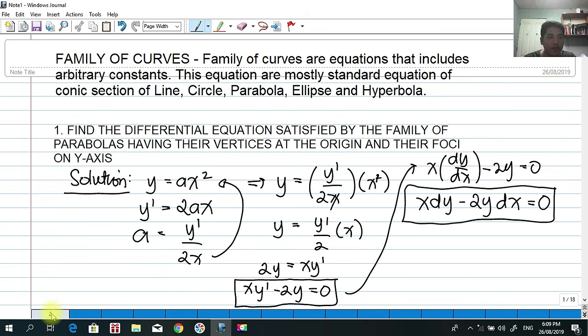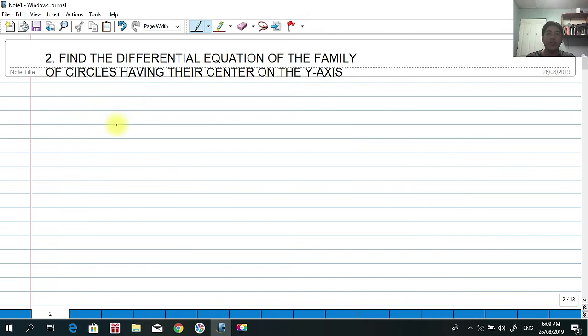Now let's move on to number 2. Find the differential equation of the family of circles having their center on the y-axis.